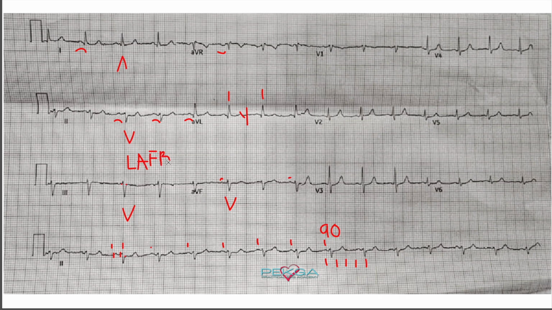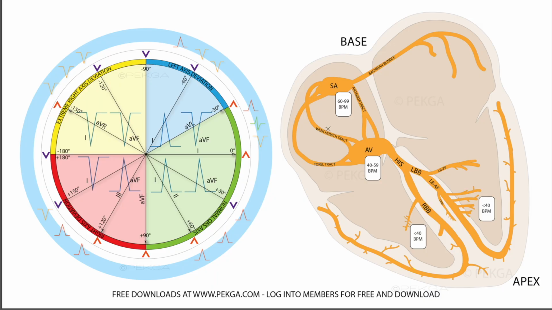These are also known as hemiblocks. So left anterior fascicular block. And what does that mean? Your left bundle over here bifurcates into the left anterior and left posterior fascicle. The ECG, when the heart rate slows down, tells us that there's a block, at least a partial one, happening in this anterior fascicle.